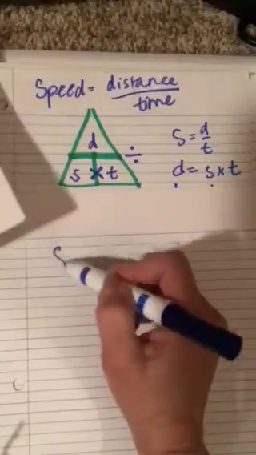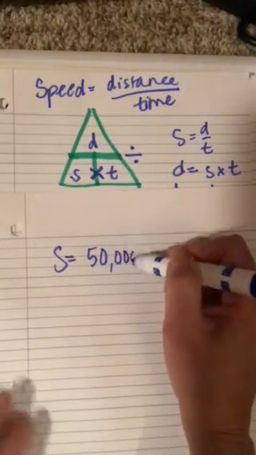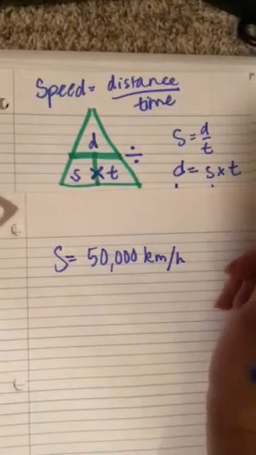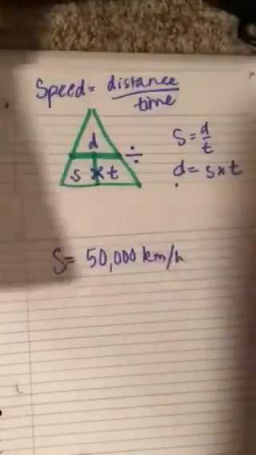All right, so we have the speed. Speed is equal to 50,000 kilometers per hour. Sorry guys, it's kind of blurry for some reason. It's cruising for 4 hours, so we have the time of 4 hours.